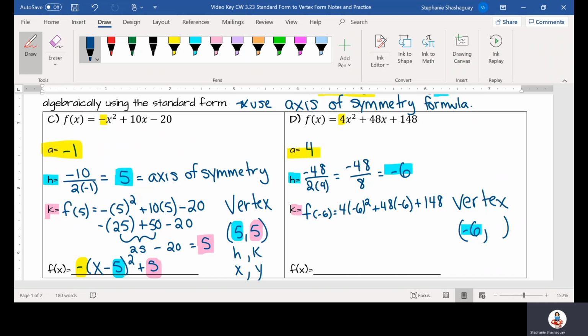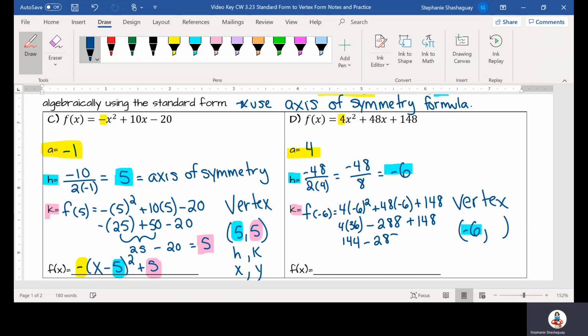Well, negative 6 squared is going to be 4 times 36. 48 times negative 6 is going to be a negative 288. And then I'm going to add 148. 4 times 36 is 144.